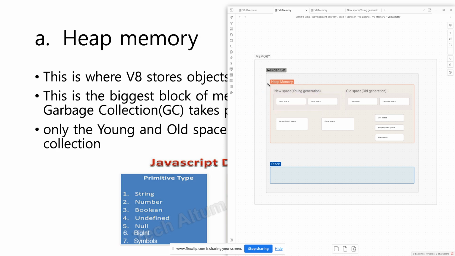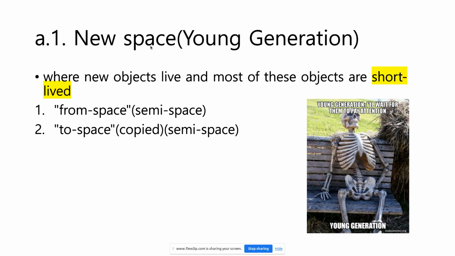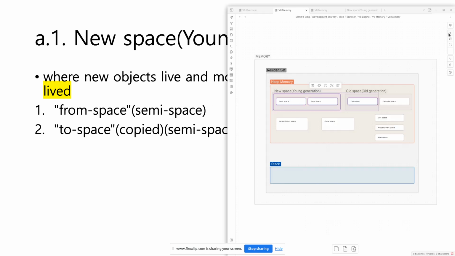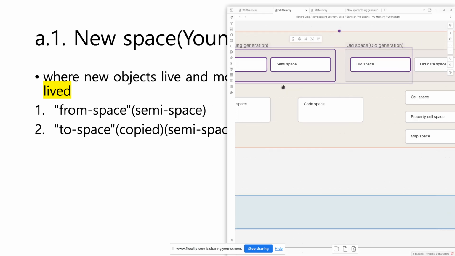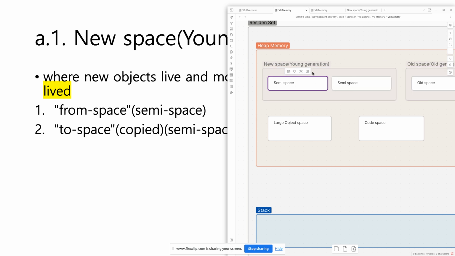So we're going to talk about the new space. The new space is the young generation, where new objects live. This is important: new objects live here, and most of these objects are short-lived. The concepts of the new space are from space and to space. This is the structure of the young generation, the semi-space.